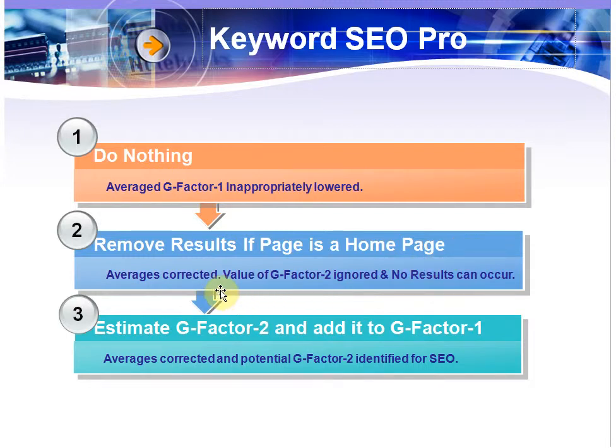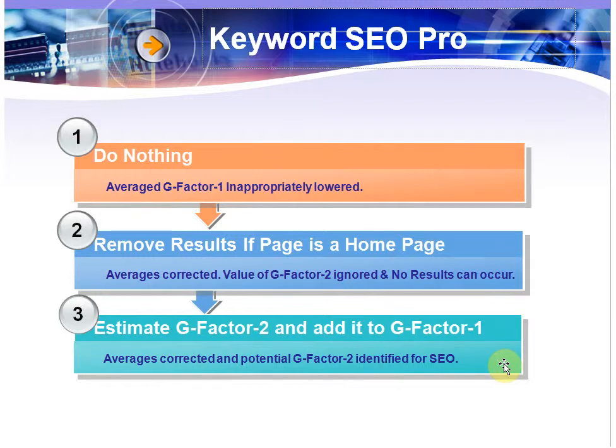This would overcome the averaging problem, but would ignore the G-Factor 2 boost, and on occasion there might be no results. The third and final option was to try and guesstimate the value of G-Factor 2 and add it in to G-Factor 1. This would correct the averages, and the potential of G-Factor 2 would be identified for search engine optimization purposes.